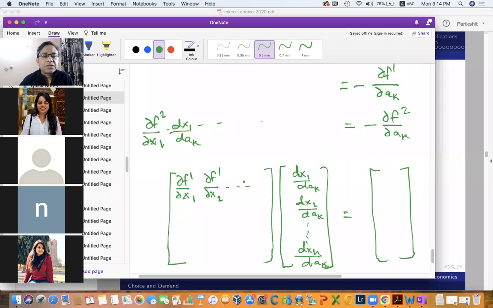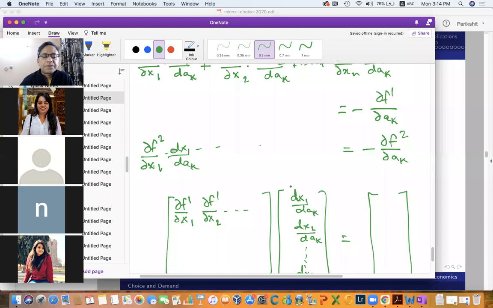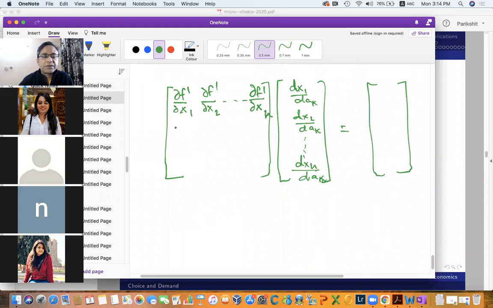Okay, those are the coefficients appearing on the first line. So del f1 del xn, sorry, and I'll just write the last line, del fn del x1, going all the way to del fn del xn.